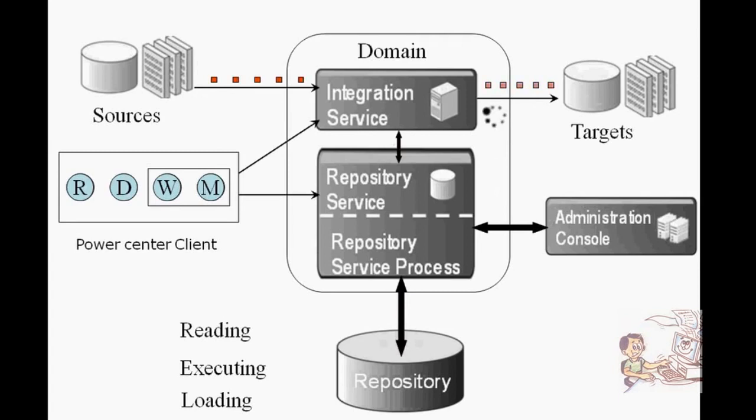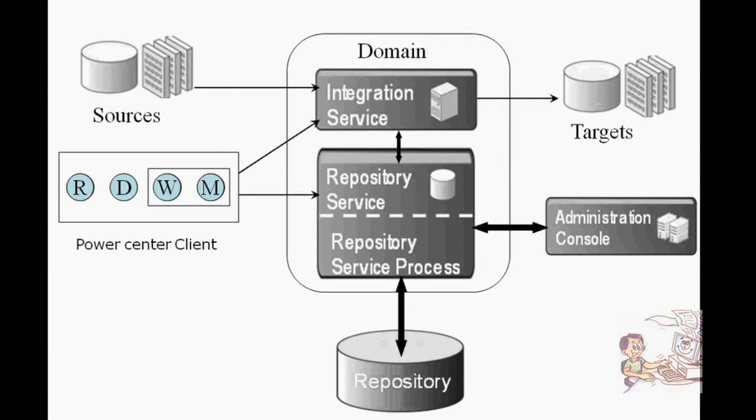The integration service has its own reader threads and loader threads. Based on that, it reads the data and loads the data into the targets. In this example, we are using one integration service. We work with millions of records of data in real time.